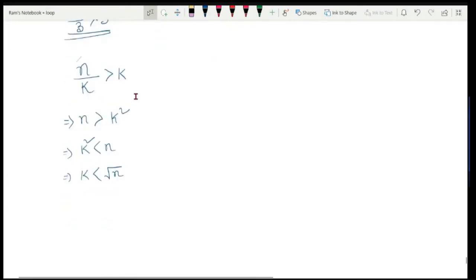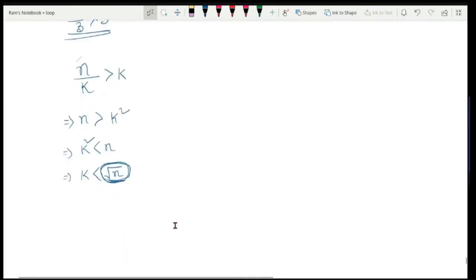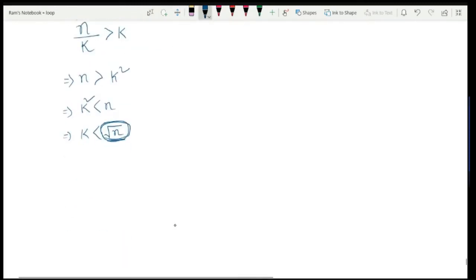So what conclusion can we make? When this square root of n appeared on the screen, what conclusion can we make? That if we reached this point, this is your n minus 1, this is your 2, and we checked all the numbers like 3, 4, 5, and all the way up to square root of n.